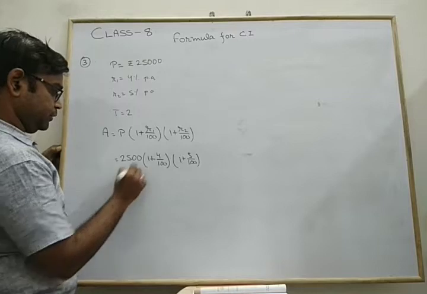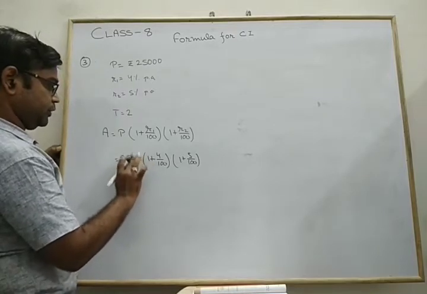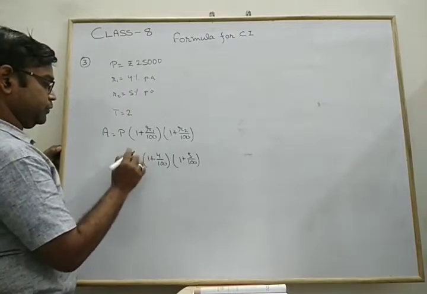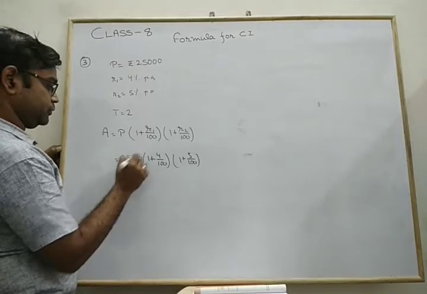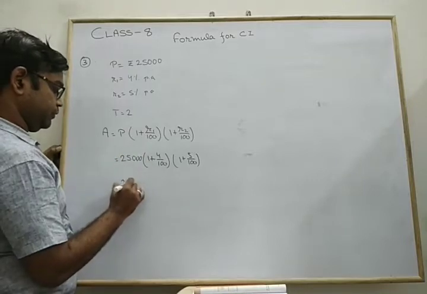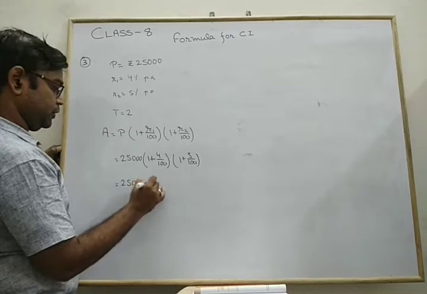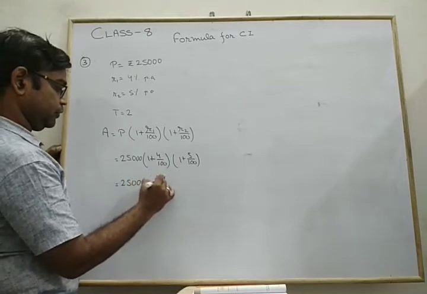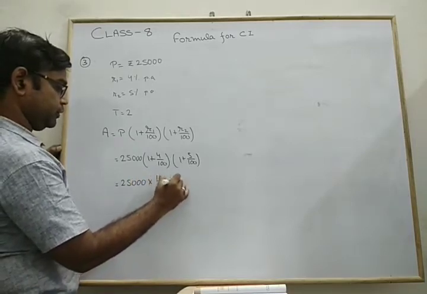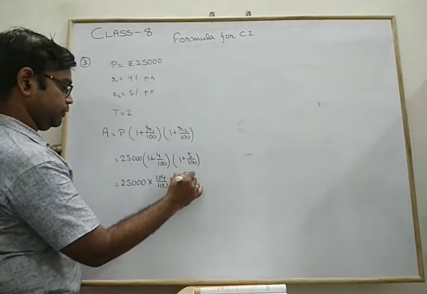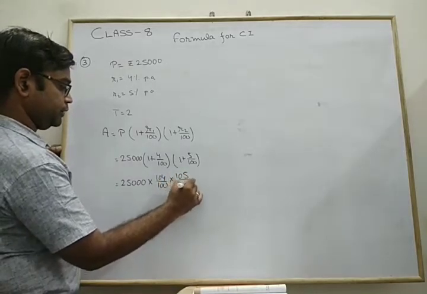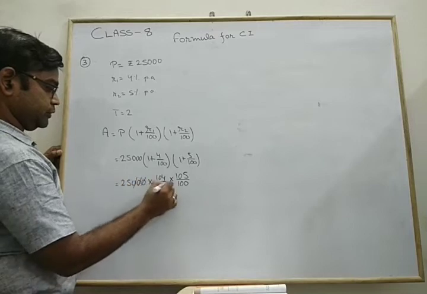If we simplify, so it's 25,000 into 104 upon 100 into 105 upon 100. It cancels.